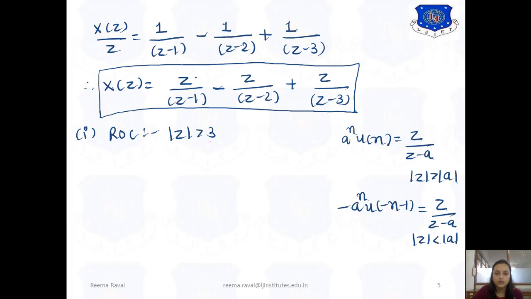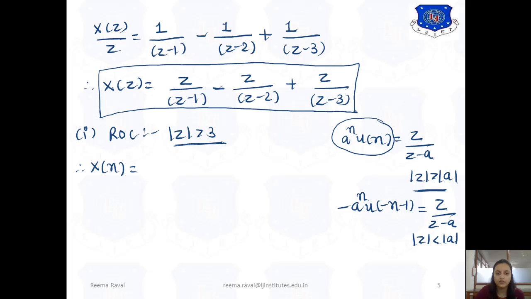As you can see over here, the terms are in terms of Z upon Z minus a, where the a values are 1, 2, 3, and we are given the condition mod Z greater than 3. So for the greater than a condition, the formula was a raised to n u of n. So we are going to use this to get x of n.